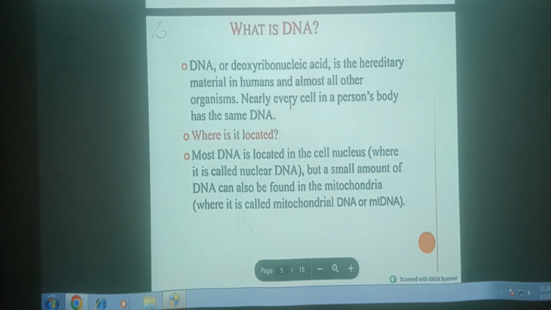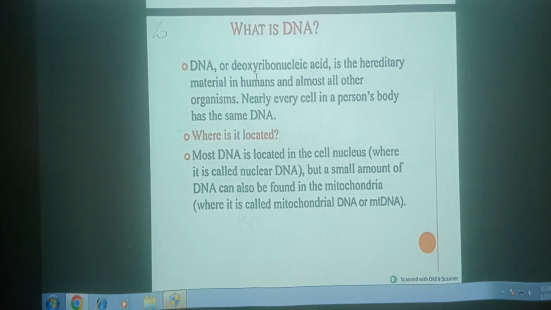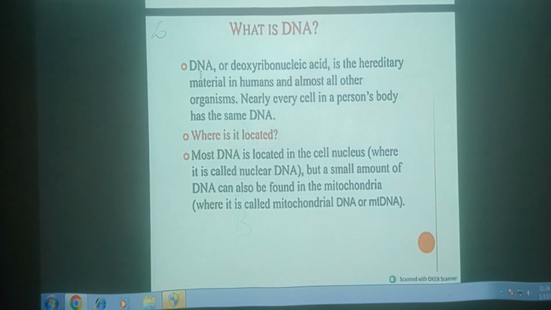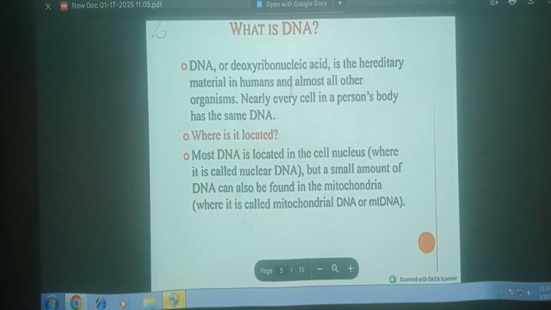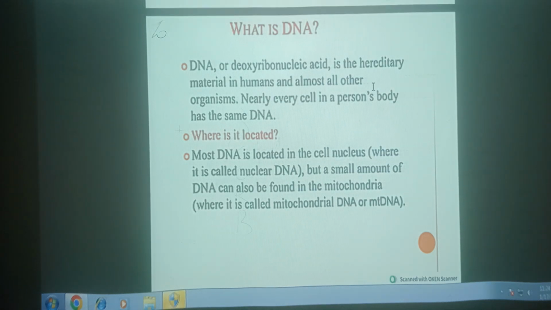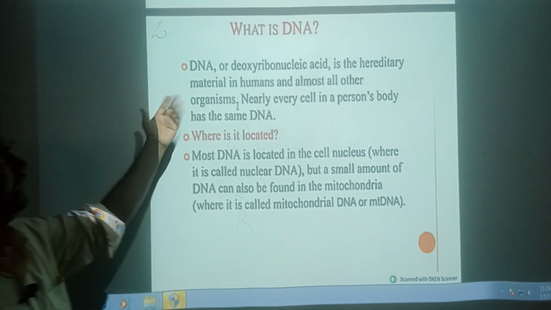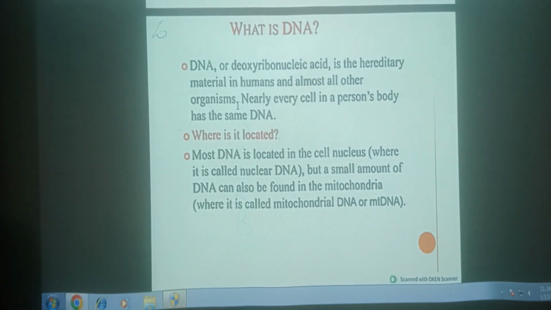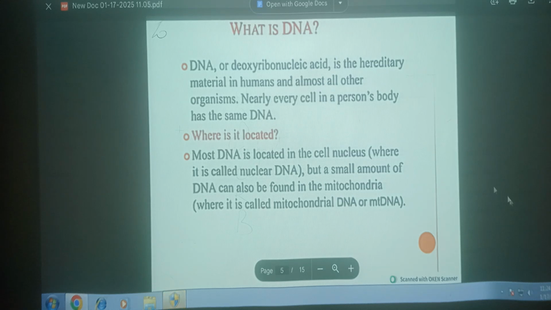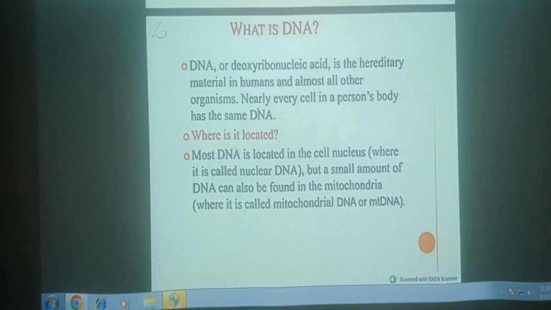DNA, or deoxyribonucleic acid, is the hereditary material in humans and almost all other organisms, like plants and animals. Nearly every cell in a person's body has the same DNA.